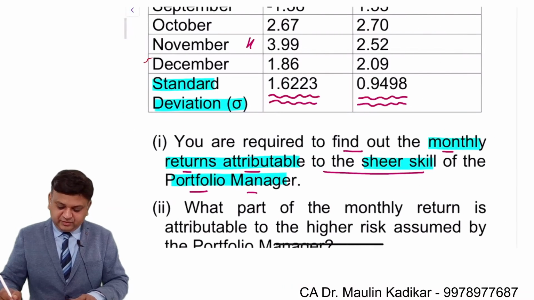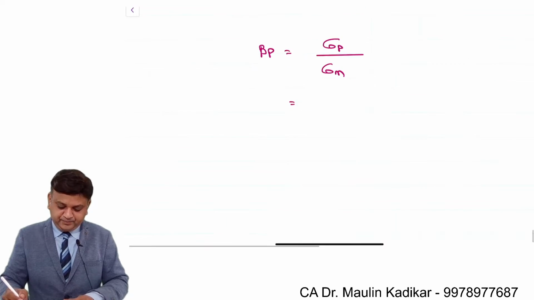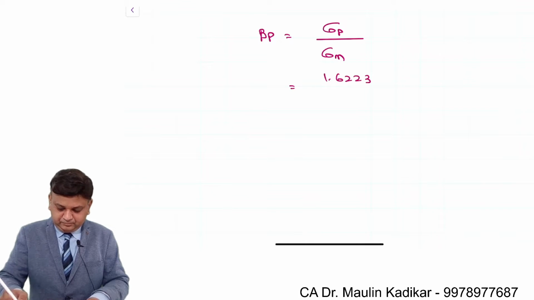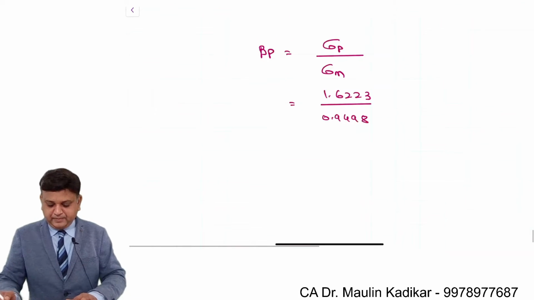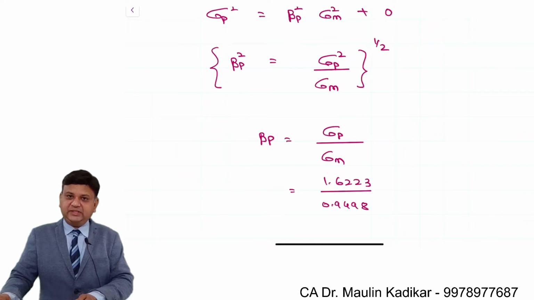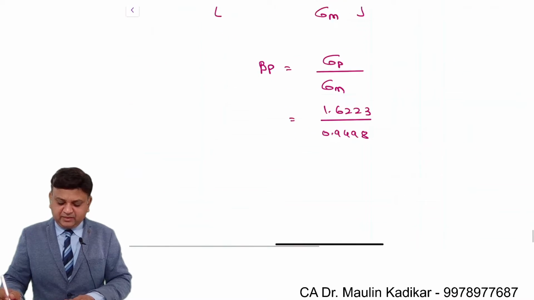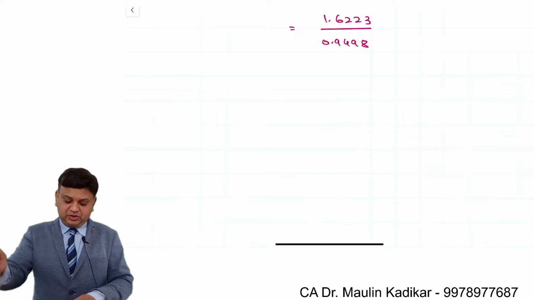Now what is the standard deviation of the portfolio? This is the standard deviation of portfolio and this is the standard deviation of market portfolio. So it is 1.6223 divided by 0.9498. That is the way the beta of the portfolio is calculated. Okay. Now we'll compute the required rate of return, and lastly we'll calculate alpha.